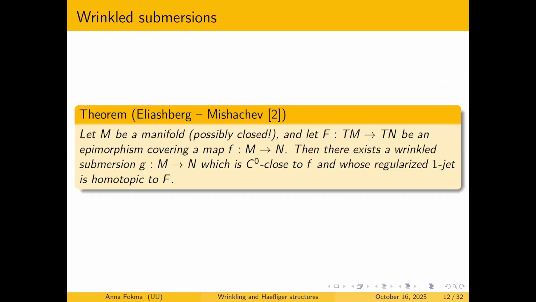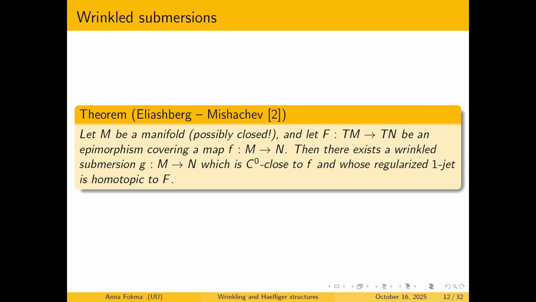Okay, and using these types of mild singularities, Eliashberg and Mishachev prove a sort of holonomic approximation theorem, but in the specific case of submersions. And specifically, this theorem also holds for closed manifolds. So that's why we need to use singularities here.